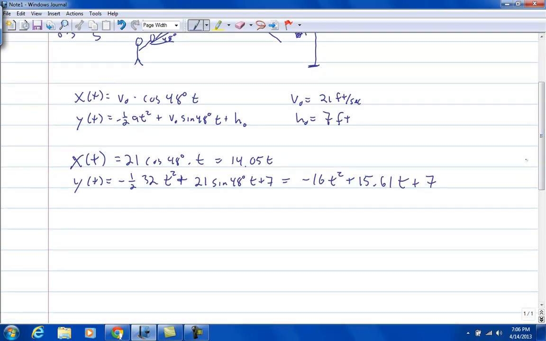Okay, and these two equations describe the vertical position and the horizontal position.